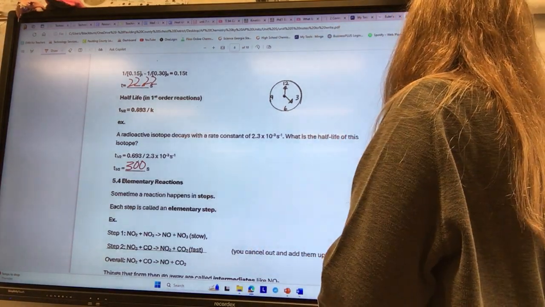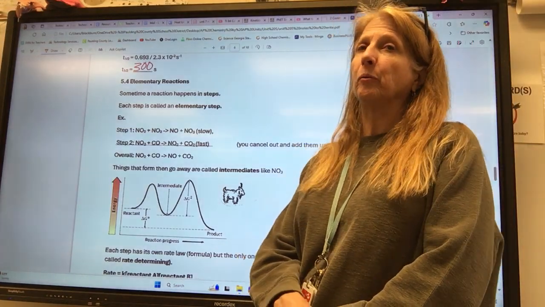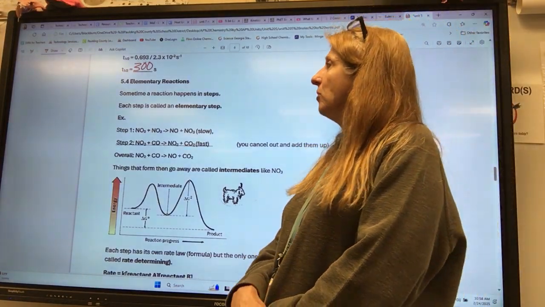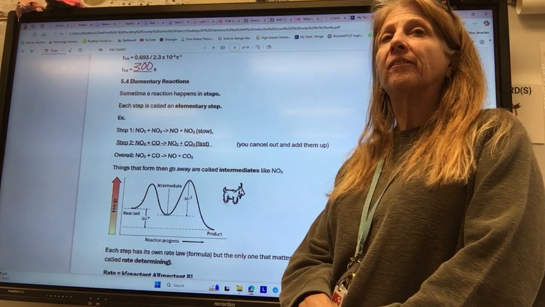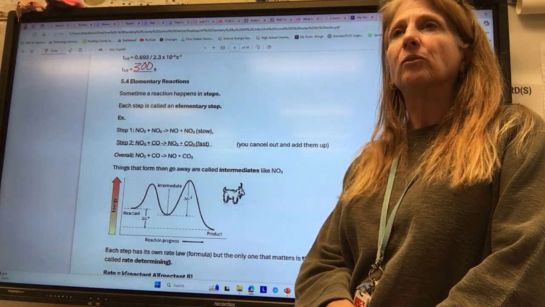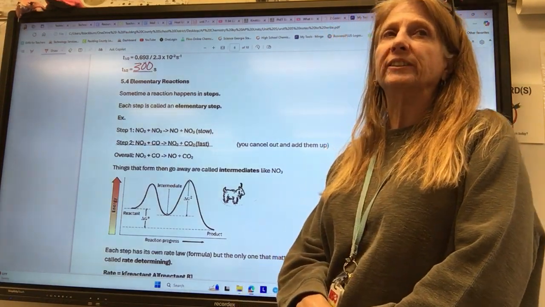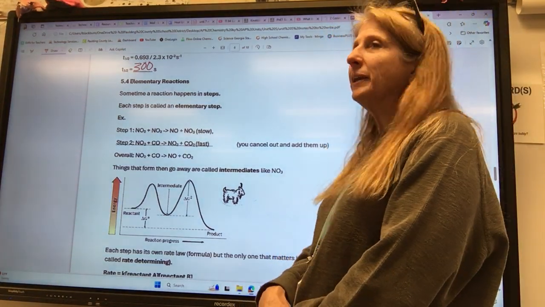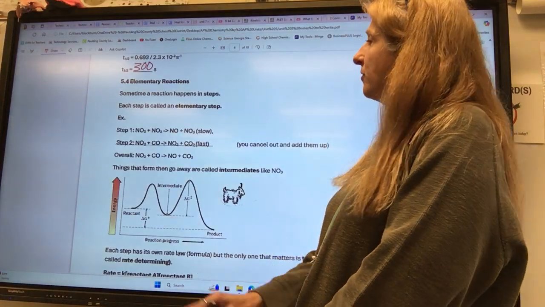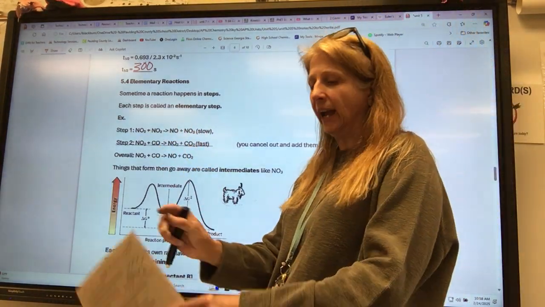All right, next idea. You learned in honors, when you learned Hess's law, that sometimes reactions happen in steps. Does everybody remember that from honors? If not, reactions can happen in steps. Each step is called an elementary step. You add them together, you mark out things that are on both sides of the arrows, and you can get the overall reaction.